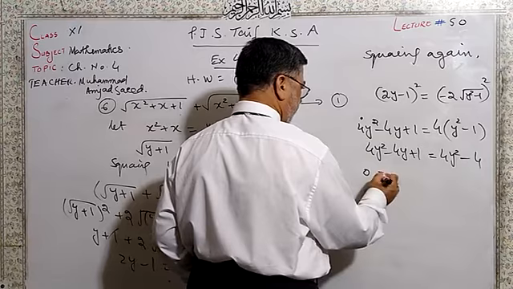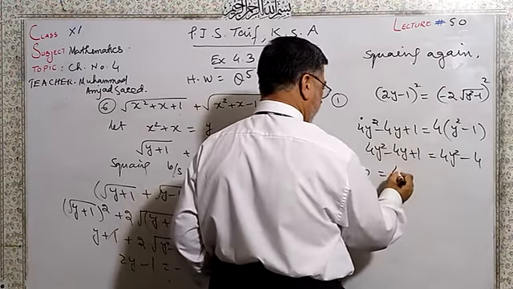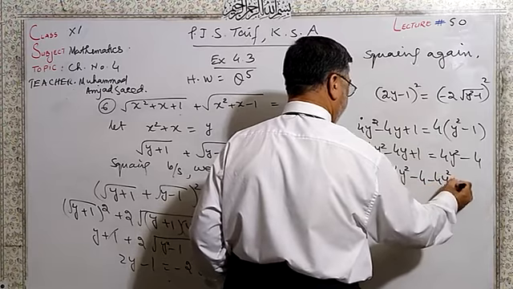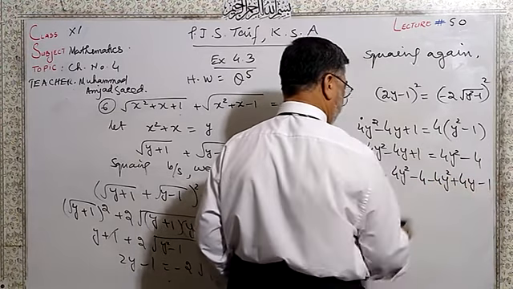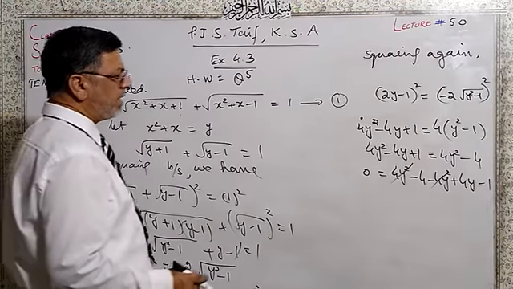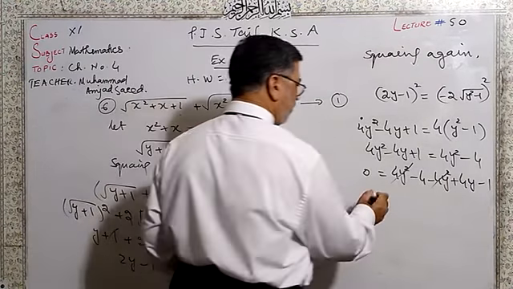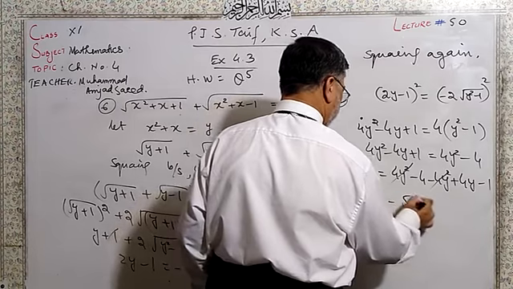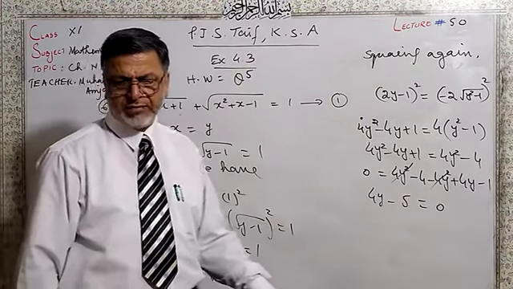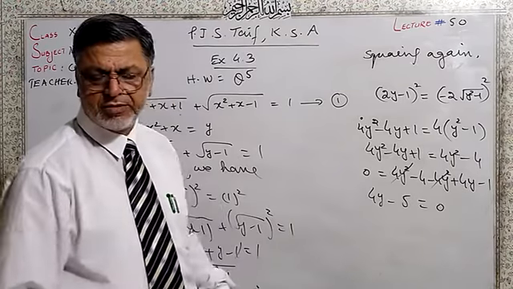Okay, we can have these terms on right hand side. 4y square minus 4 minus 4y square plus 4y minus 1, they are cancelled out. Dear students, we are left with 4y minus 5 is equal to 0.